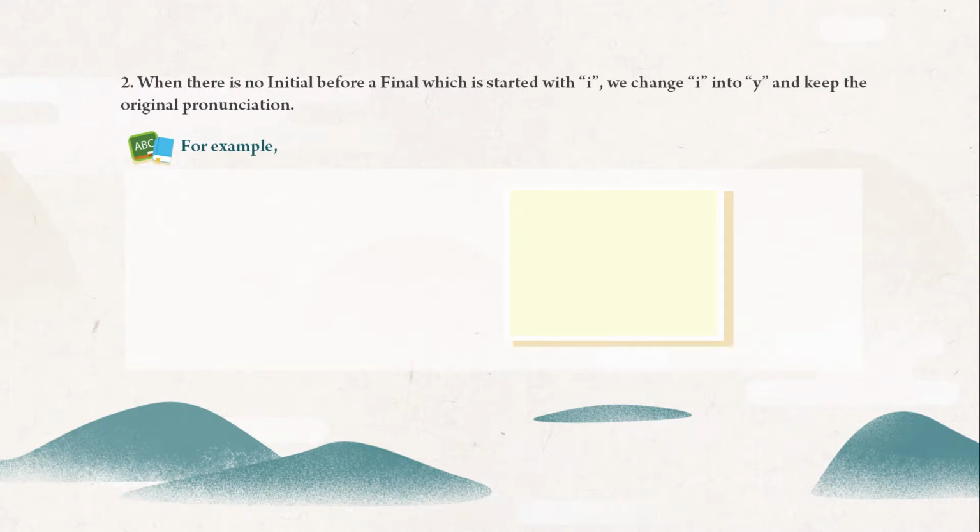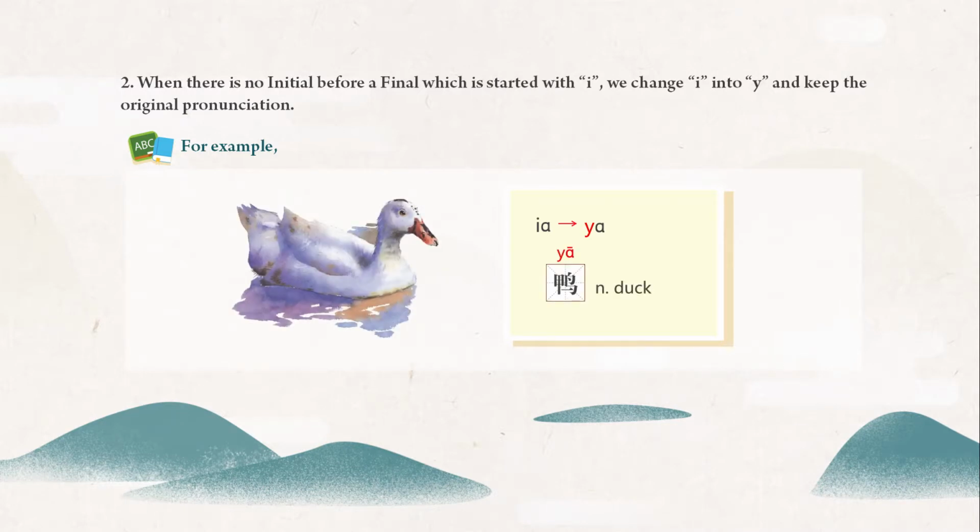For example, compound final ia, when ia is a syllable by itself, which means there's no initial before it, we directly change i to letter y. We got a pinyin ya, but still pronounced as ia, such as word ya.